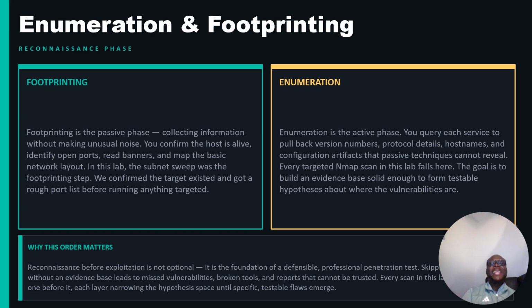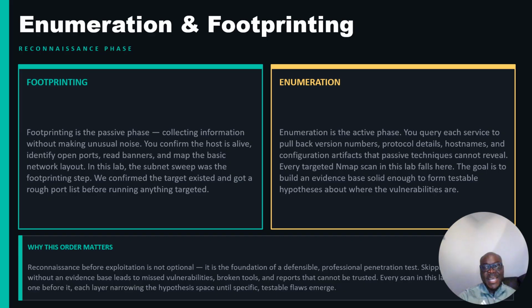Before we look at any scan output, it is worth understanding the methodology. Footprinting and enumeration are not the same. Footprinting is passive. You are confirming basic facts without sending anything unusual. The subnet sweep is footprinting.